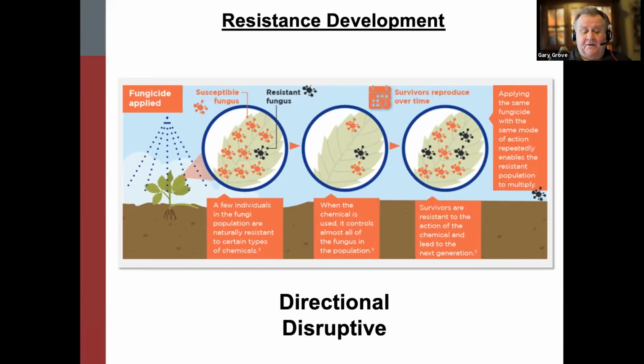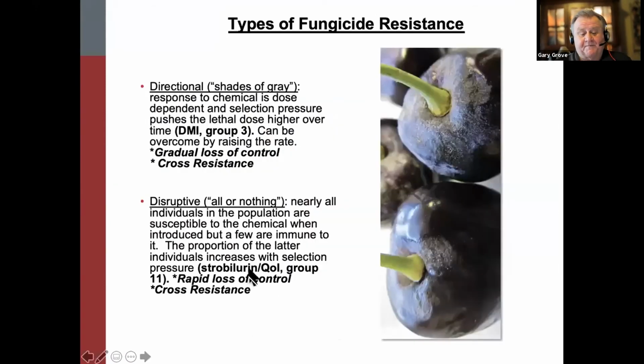Under continuous selection pressure from that site of action, gradually the proportion of resistant individuals in the population is going to increase. So over time, without mitigation and with continuous selection pressure, the number of resistant individuals in the population really increases. Two different types, directional and disruptive.